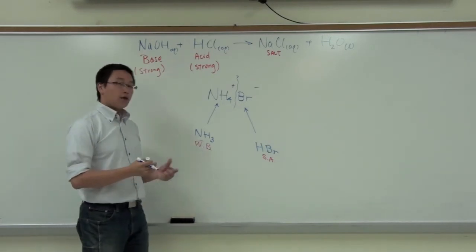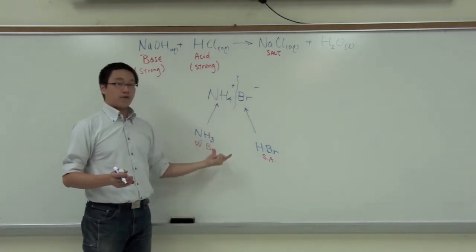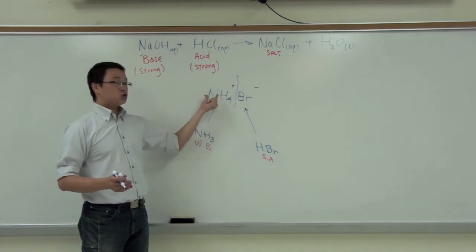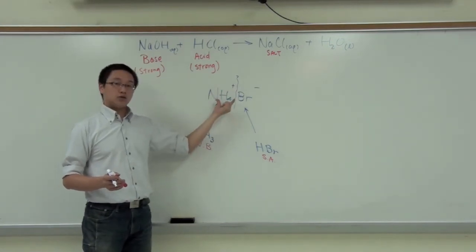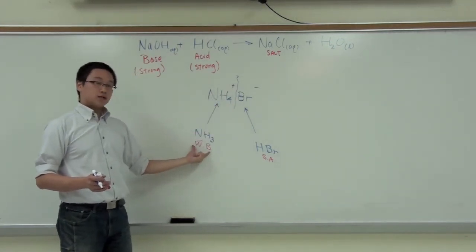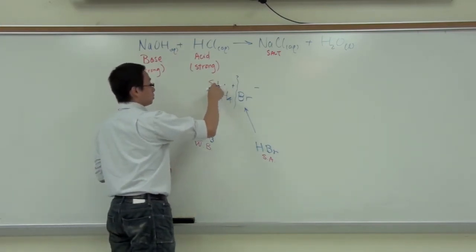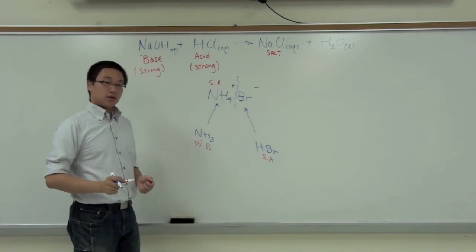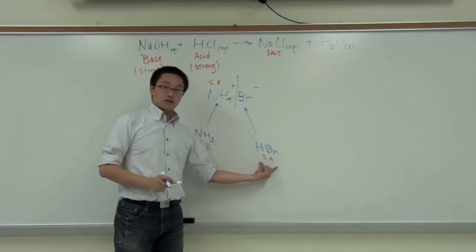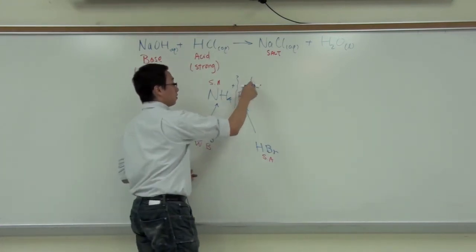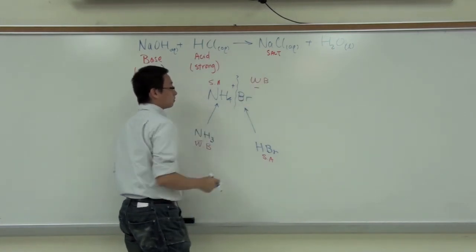After we find out where they come from, we can now find out the strength of these two ions. If this is a weak base, the conjugate of a weak base would be a strong acid. The conjugate of a strong acid is a weak base.